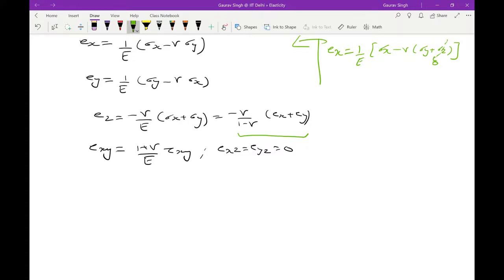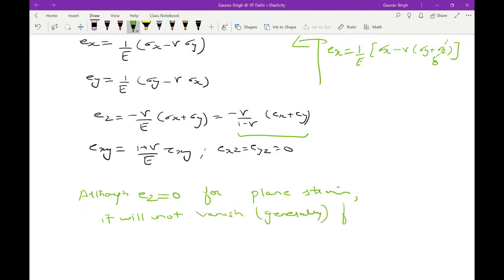One of the things which you will notice again is that although Ez is equal to 0 for plane strain, remember it was 0 over there, it will not vanish generally for plane stress. For plane strain it was always equal to 0.